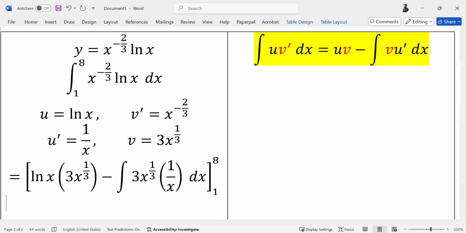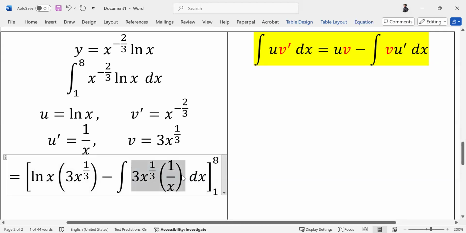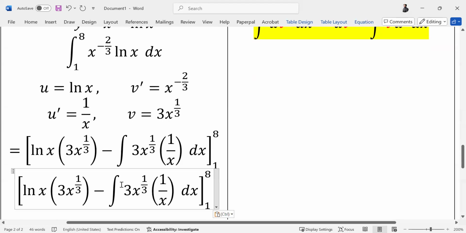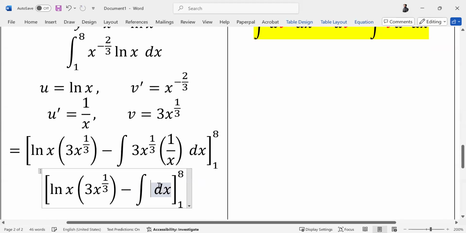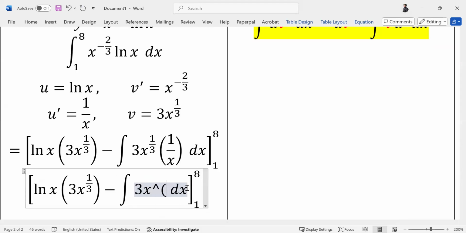What still needs to be integrated? 3x to the power 1 over 3 into 1 upon x. All of this still has to be integrated. So first simplify this before integrating. Tell me, what will it become after simplifying? What do you get? What is the power of x that you end up at?